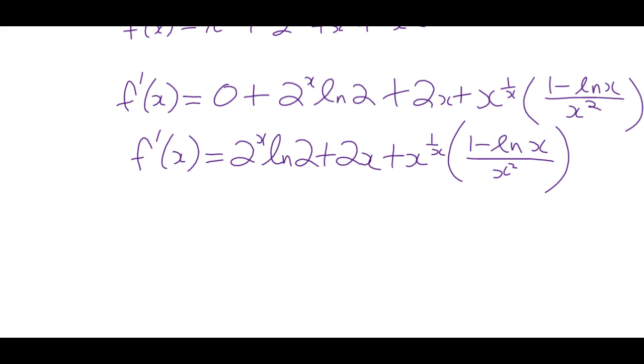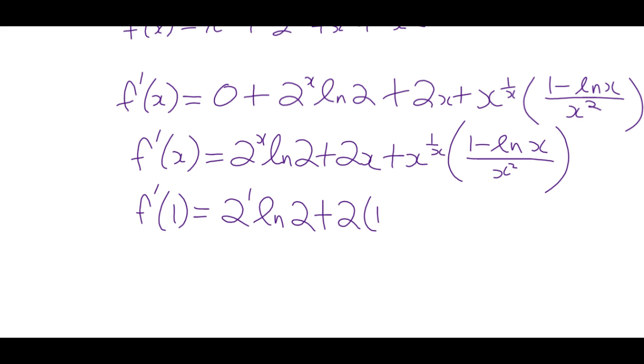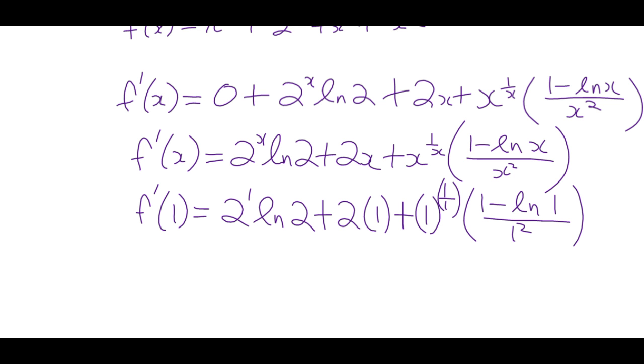And we want f prime at 1, right? We want the slope of the tangent line when x equals 1. So 2 to the 1 ln 2 plus 2 times 1 plus 1 to the 1 over 1, times 1 minus ln 1 over 1 squared.